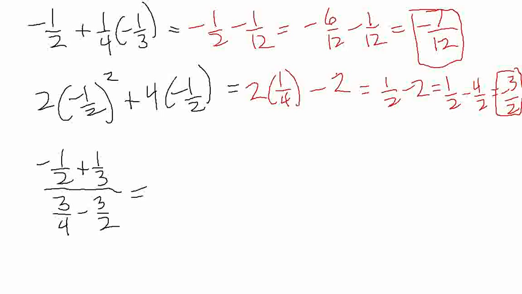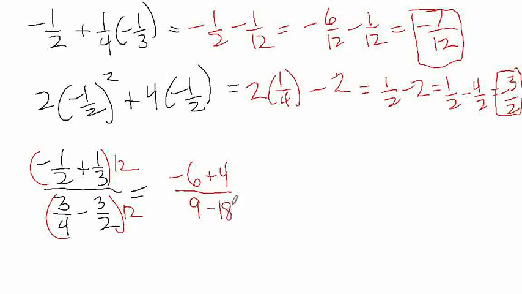Let me remind you that there's an alternative way, simply multiplying the top and bottom by the least common denominator. So I'm going to go ahead and do that. I think that's the preferred way. In this case, the least common denominator is 12. So it all simplifies to minus 6 plus 4 all over 9 minus 18.